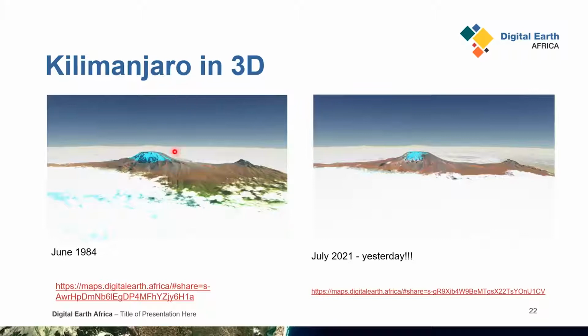Then we thought it was cool to view a 3D image of the mountain, and we could also still see the difference. Like this is 1984 and this is 2021. It shows the difference quite well.